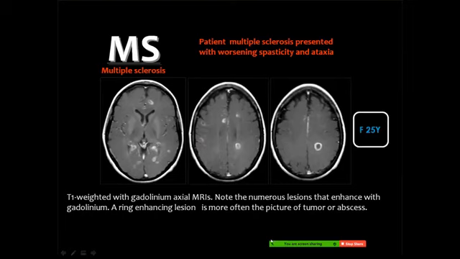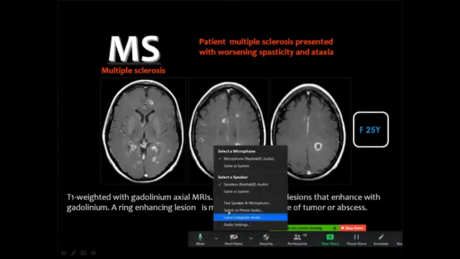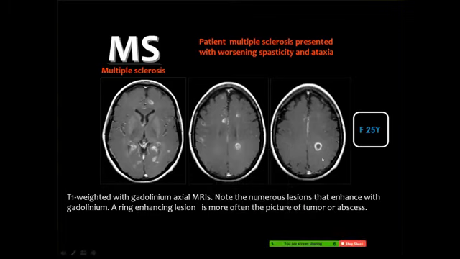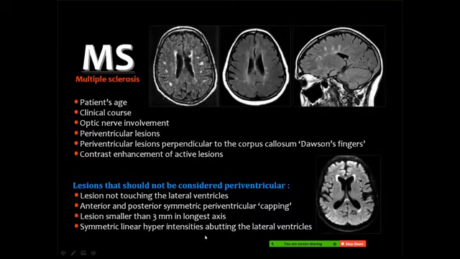Then one of the diagnostic criteria of MS separating it from encephalopathy is enhancement of the lesions. Lacunar infarctions do not enhance, but active MS plaques usually show enhancement in the post-contrast series.